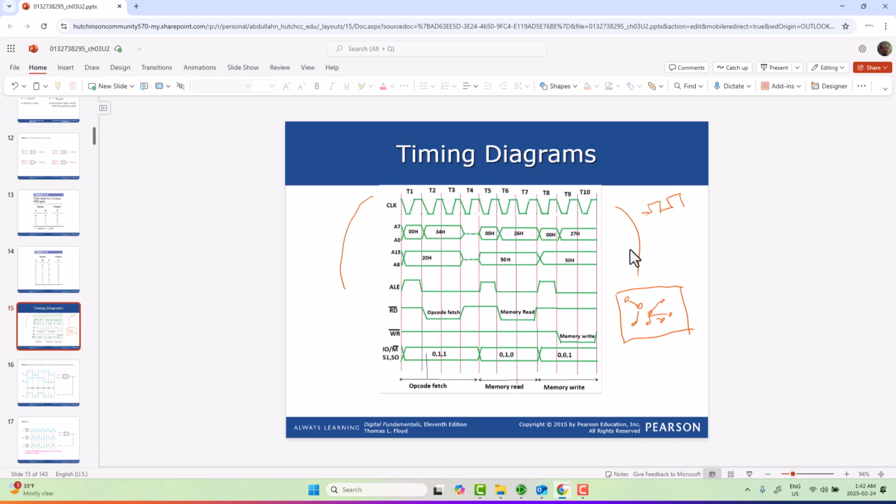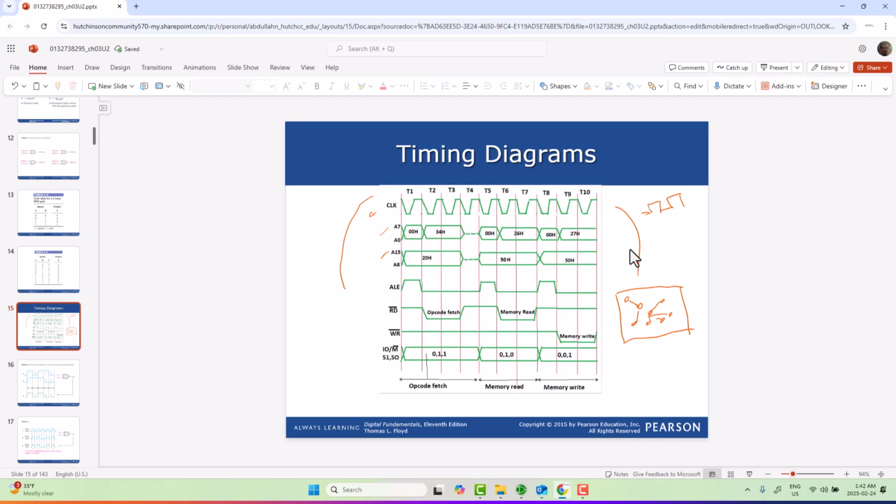Timing diagrams give designers and technicians a way to see how these components act or how they should act. So here, for example, we have different components. You can see them here. One is the clock, the address, and so on.